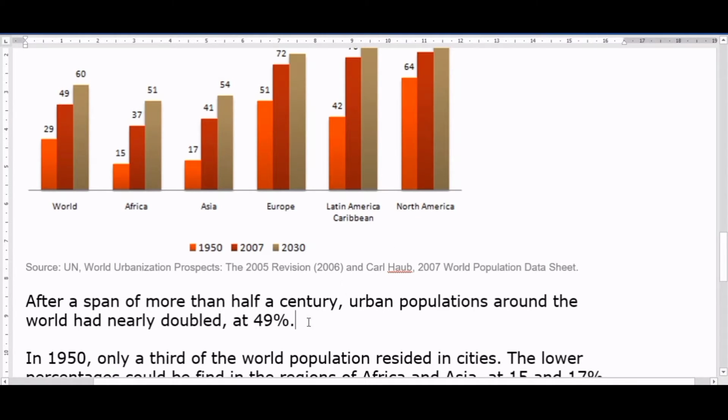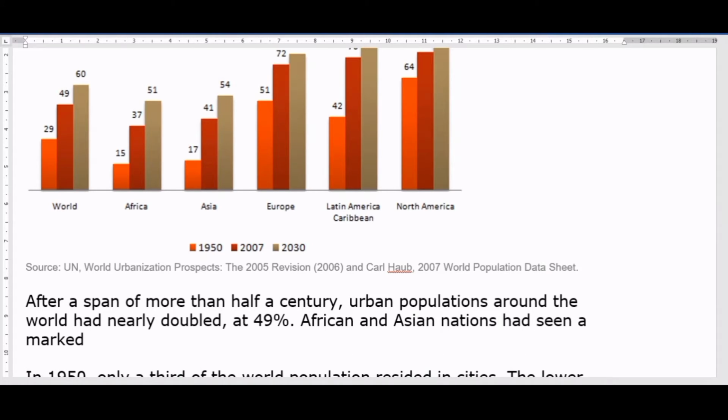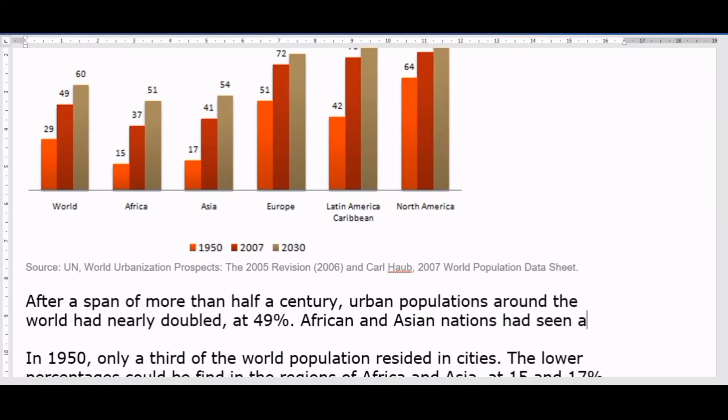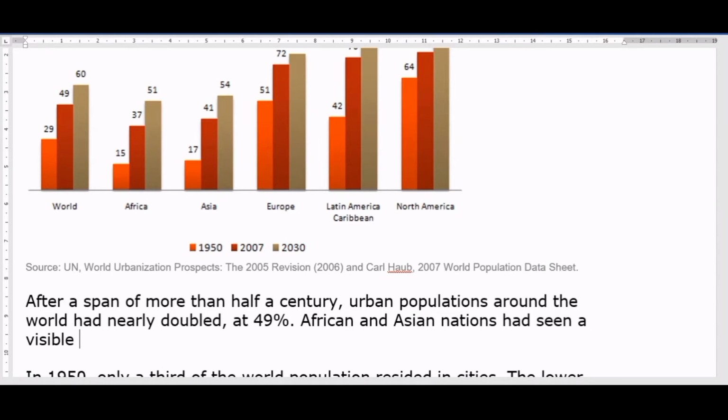Okay. African and Asian nations, okay, had seen a visible upward tick at around 40%.